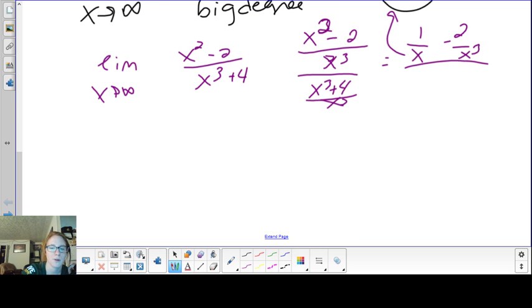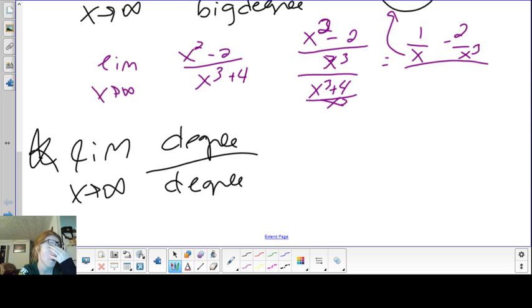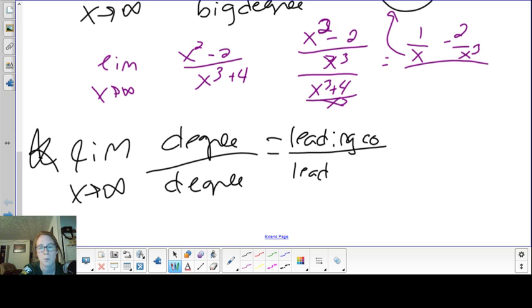The next one I wanted to talk about was when the limit as x approaches infinity has the same degree. So we both have x squareds on top and bottom, x's on top and bottom, and so on and so forth. They're the same. That's going to be the leading coefficient over the leading coefficient.